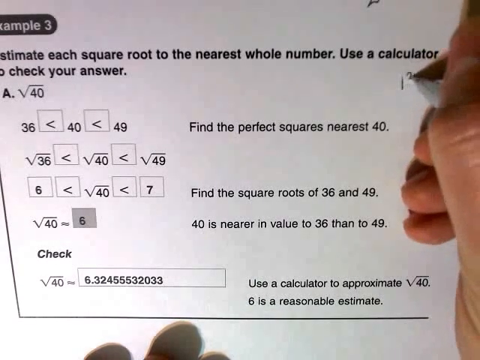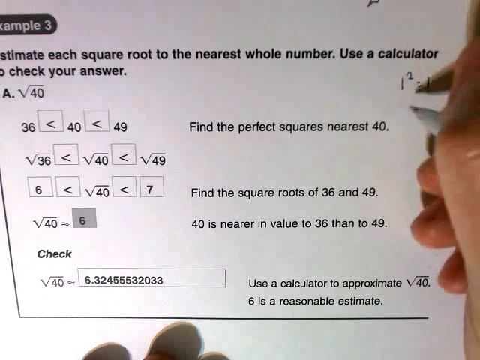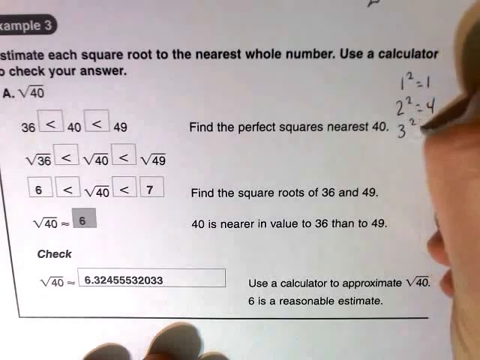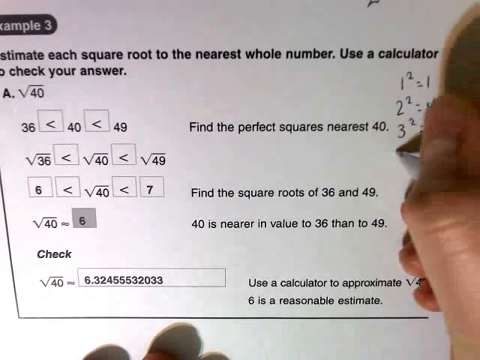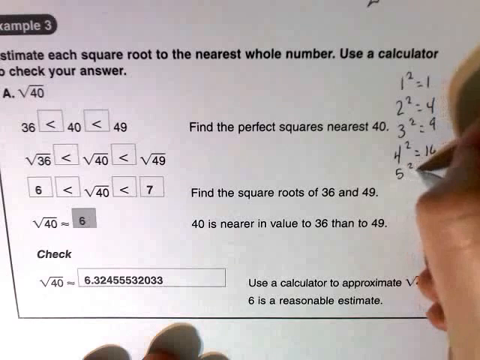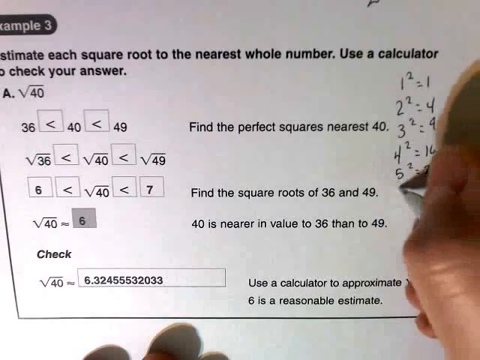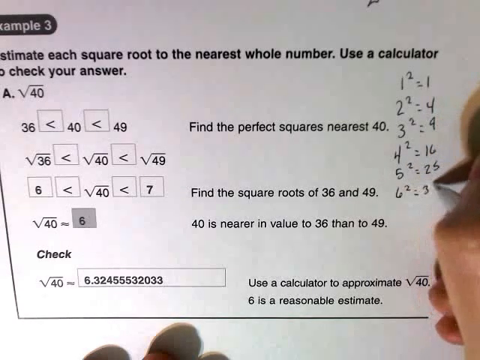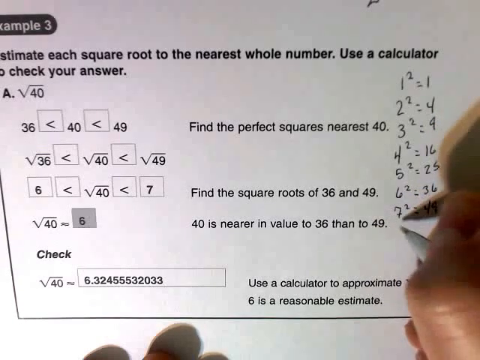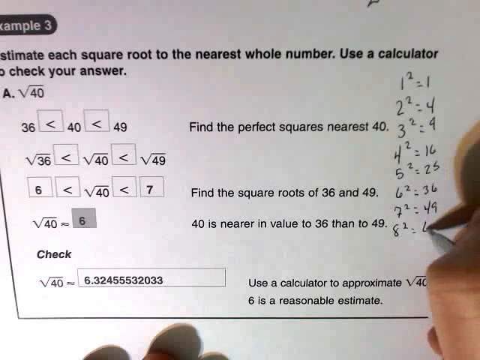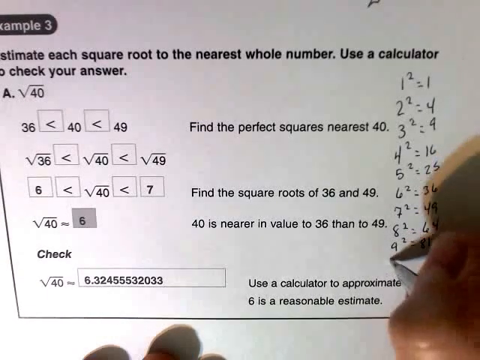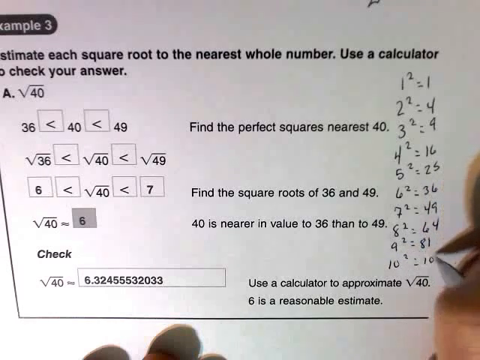Real quickly, we said that 1 squared is 1, and 2 squared is 4, and 3 squared is 9, 4 squared was 16, 5 squared was 25, 6 squared was 36, 7 squared was 49, 8 squared was 64, 9 squared was 81, 10 squared was 100.